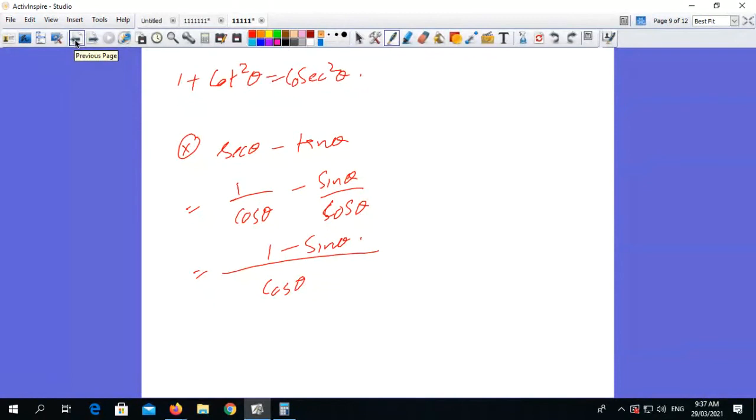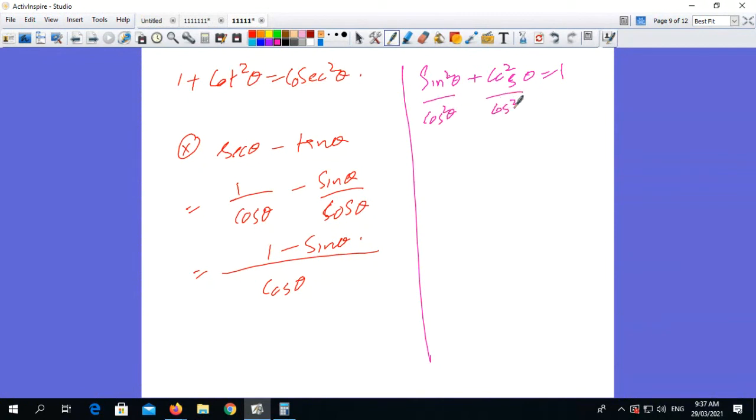We know that sin square theta plus cos square theta equals 1, and when we divide it by sin square theta, sin square cancels, and we have 1 plus cot square theta equals cosecant square theta. So 1 plus cot square is equal to cosecant square theta.